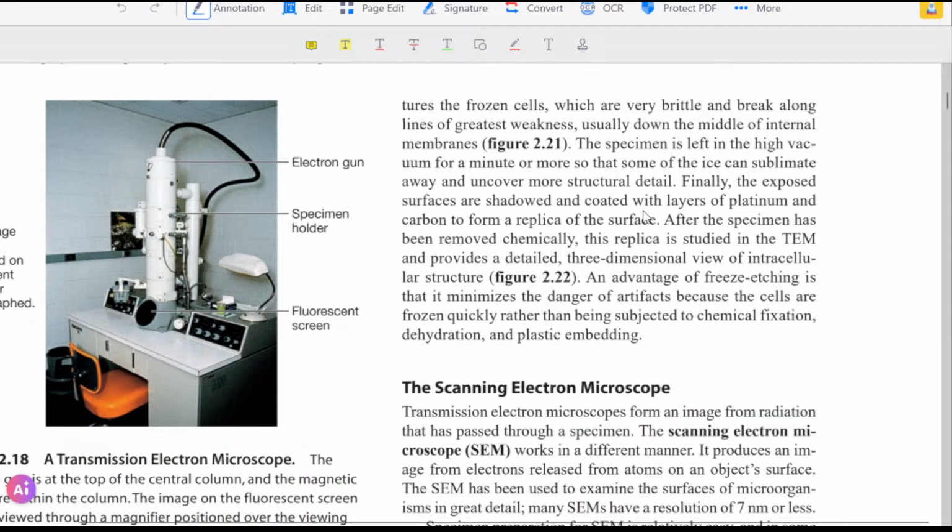The atoms in our own cells, like C, H, O, have similar atomic numbers. So we cover it with platinum or carbon to make the scattering more contrasted. After the specimen has been removed chemically, this replica is studied. Okay, so that was the purpose.